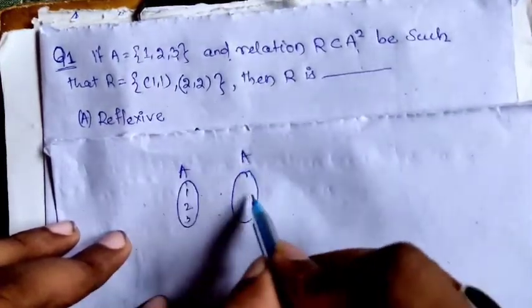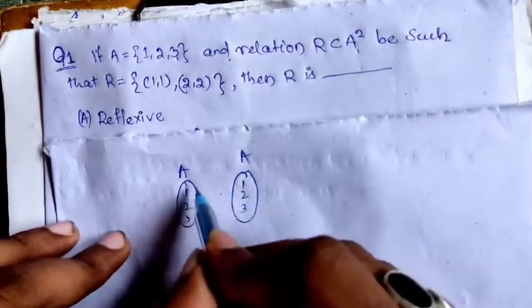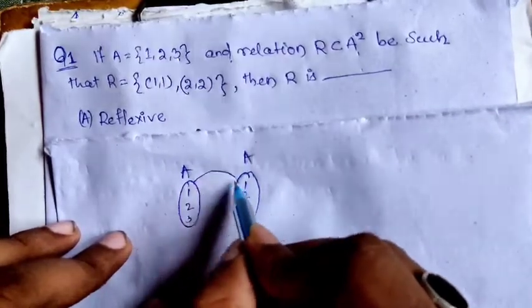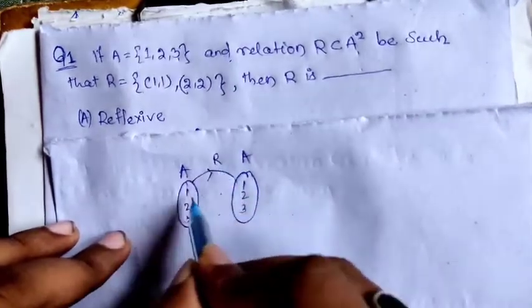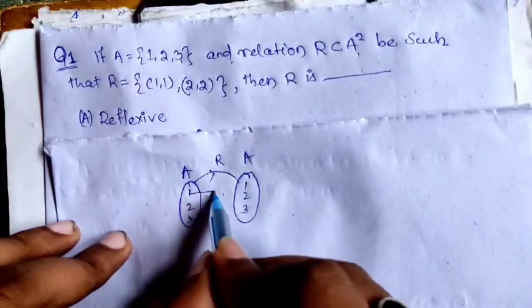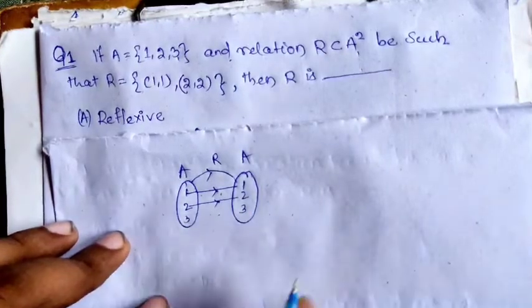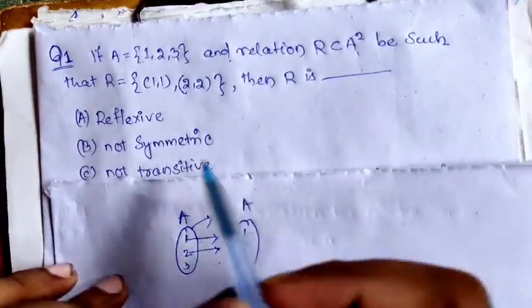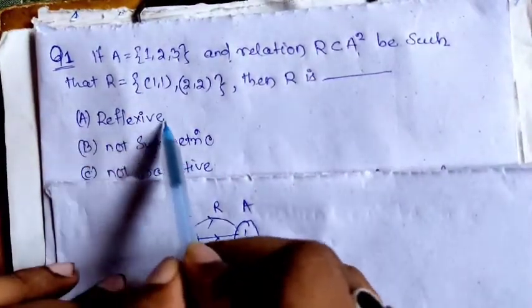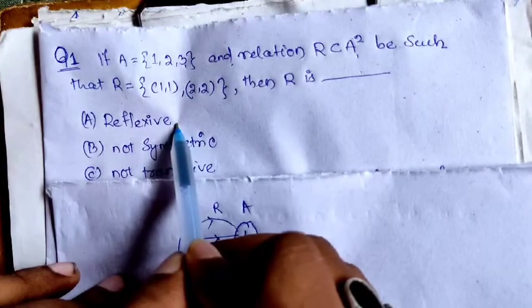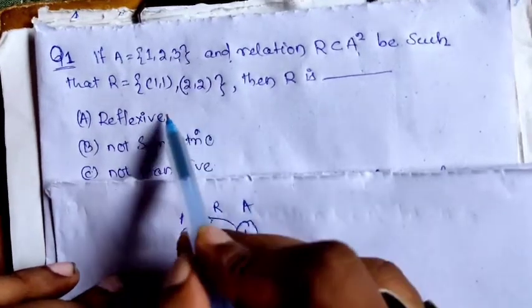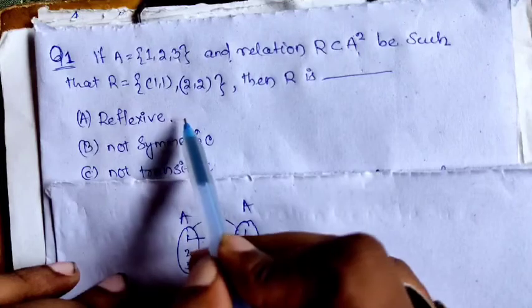A having elements 1, 2, 3, where a relation R is defined such that R has ordered pairs (1,1) and (2,2). So the first option says it is a reflexive relation. We have to check whether it is reflexive or not.